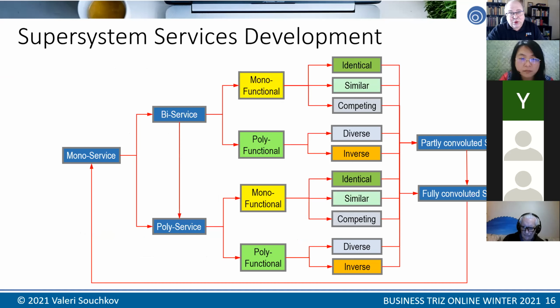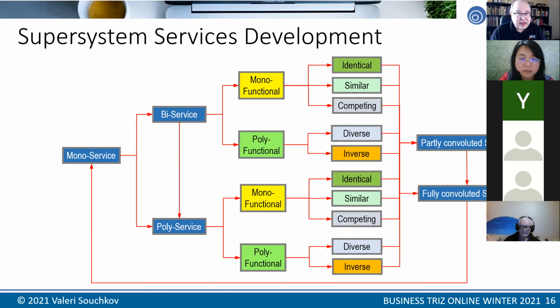And to innovate new services for business, we have a tool. If you look here, you might recognize the trend of super system evolution, of super system development. We applied it to services, and it seems like this is a perfect match.